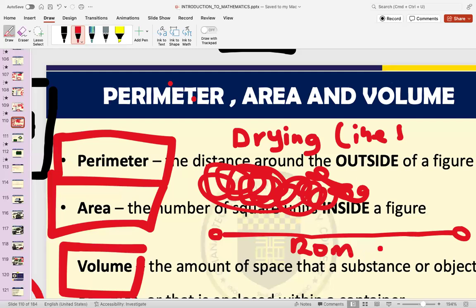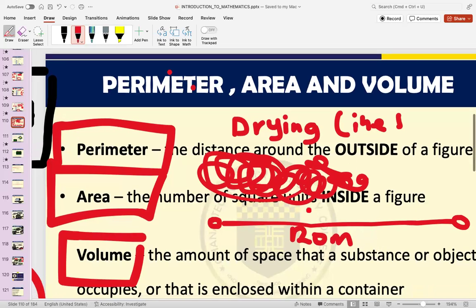That's very simple to manufacture. Okay, so any product that looks like a line means you use the perimeter measurement to manufacture it.